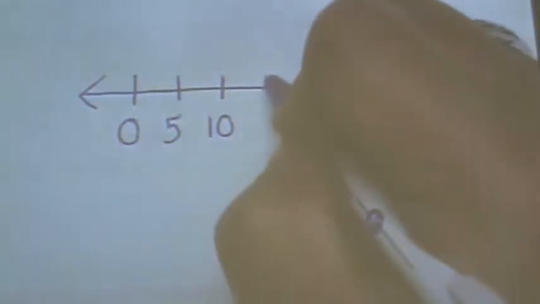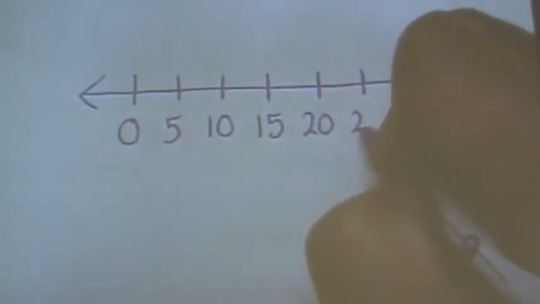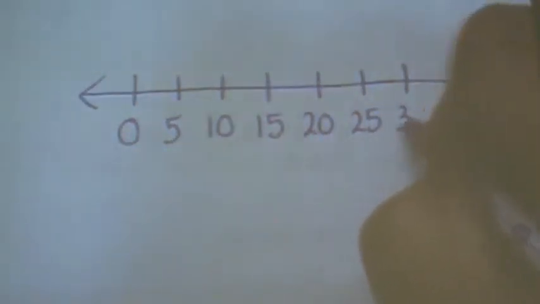Okay, so our data goes from, let me do it on a separate sheet. Zero, 5, 10, 15, 20, 25, 30.